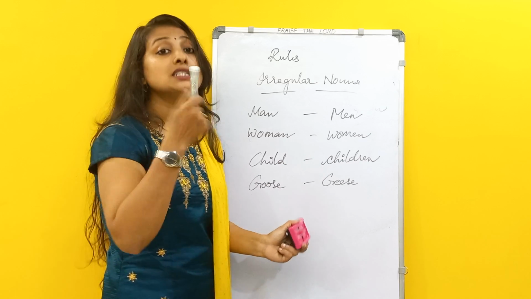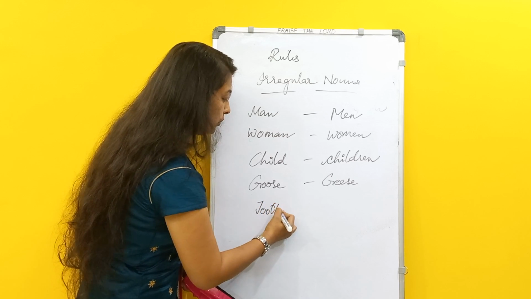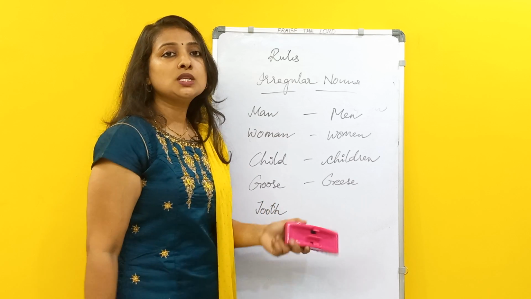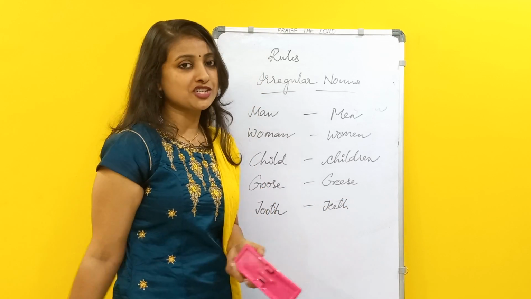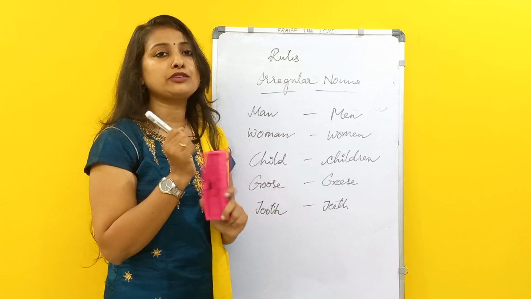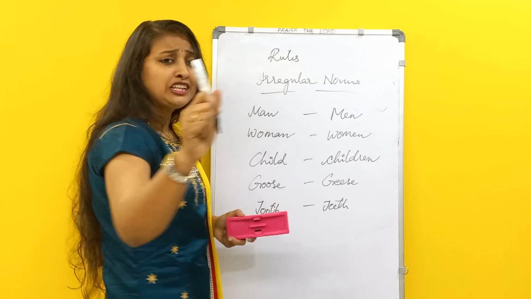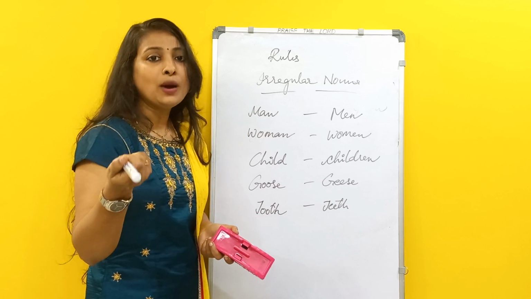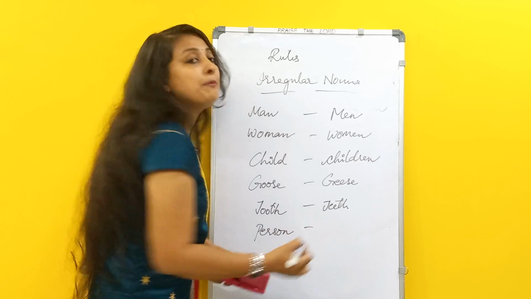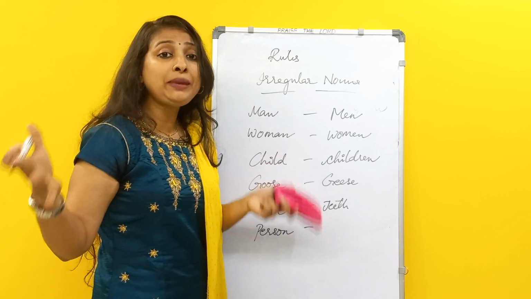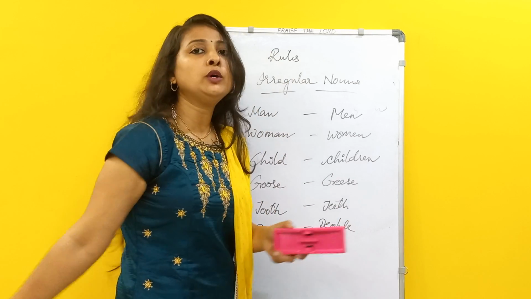Okay, like your tooth. Tooth is singular. What is the plural? Teeth. You won't say teeth brush. You won't be saying teeth brush for all the teeth. But it is toothbrush. Right? If it is only one person, you will say person. Person is singular. If there are many, you will say so many people. So person is singular, people is plural.